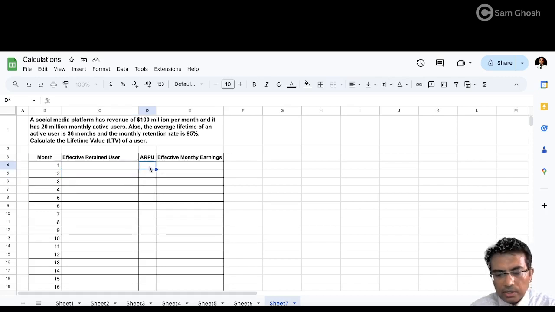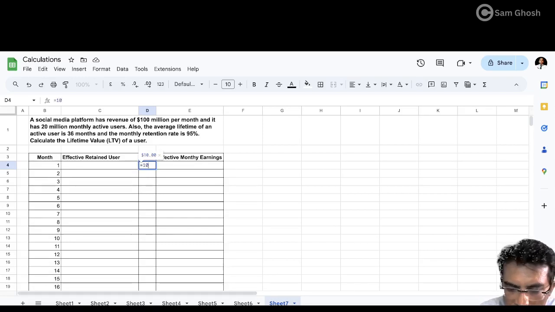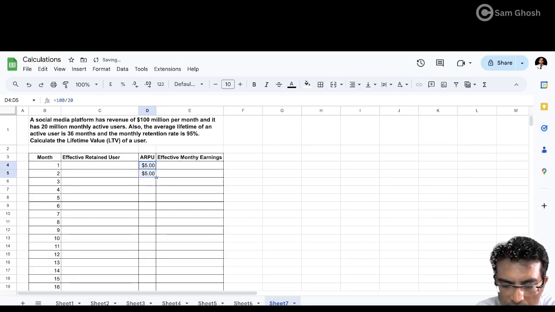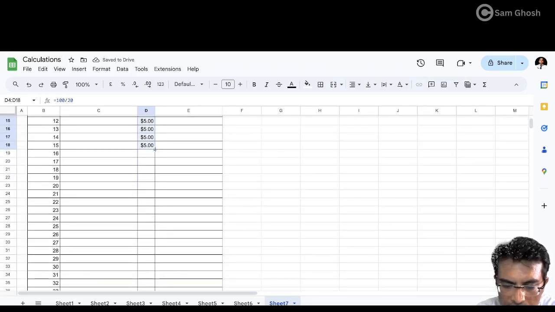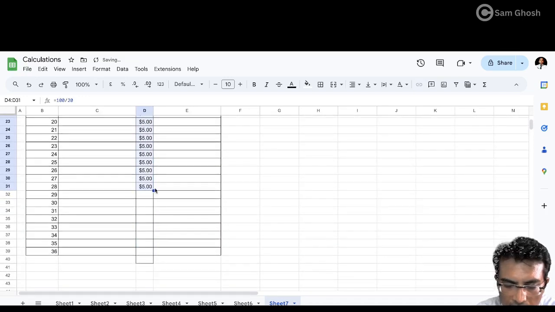First, let's calculate the average revenue per user. So we have 100 million divided by 20 million, 100 million revenue per month and 20 million monthly active users, that gives you $5. Very straightforward, and we can just project it for the whole period, the 36 months of lifetime.